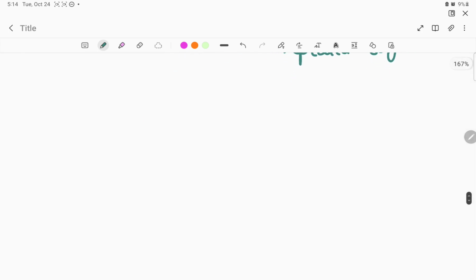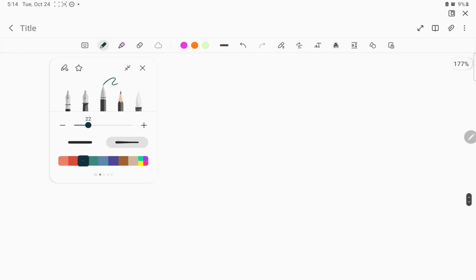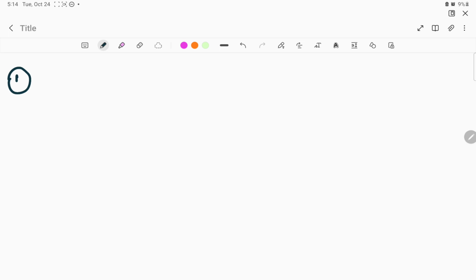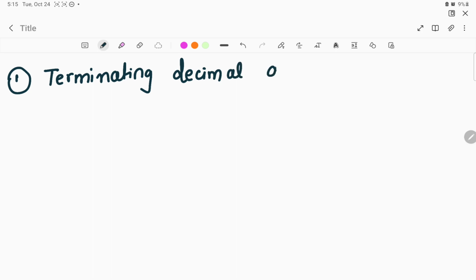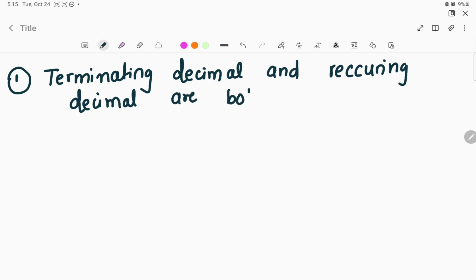Okay, so I'm giving you now two important points to understand the difference between rational and irrational. Please make a note of it. Terminating decimals and recurring decimals are both rational numbers. In case of rational numbers, you can find recurring decimals and terminating decimals as well.